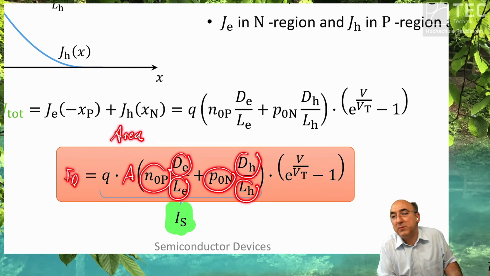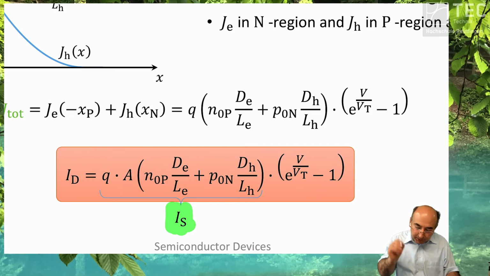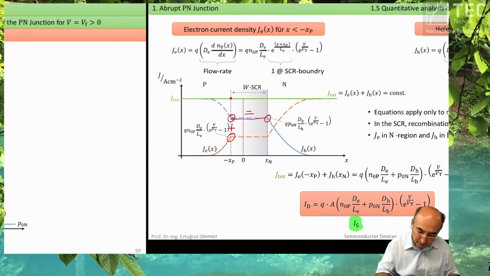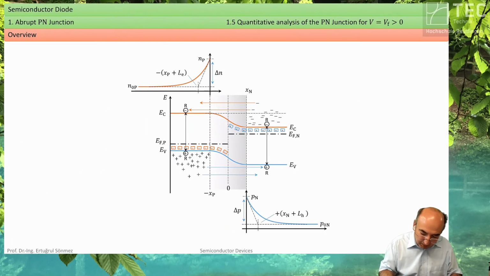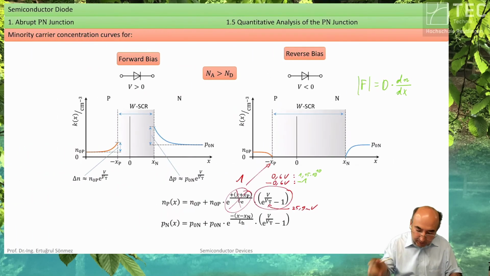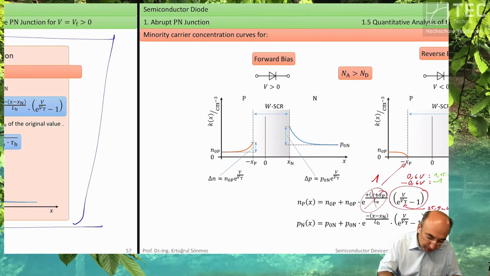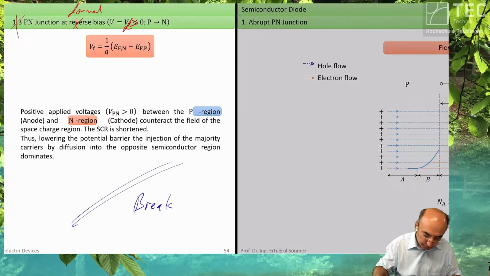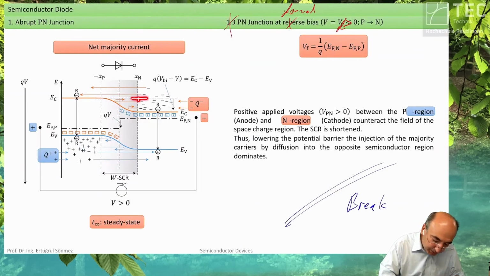So that's it. So the reason for the exponential increase is this exponential value. And the reason for this exponential decrease is this barrier decrease.